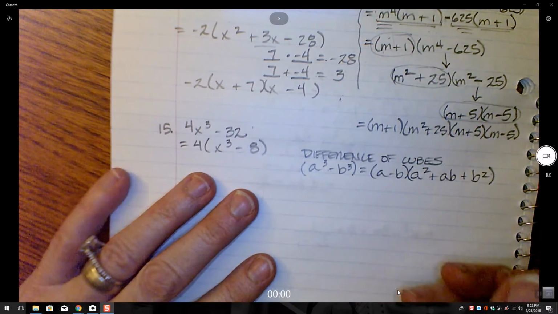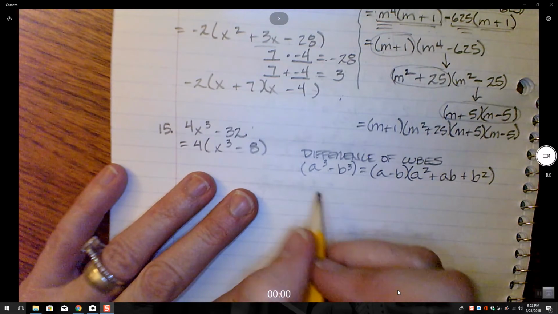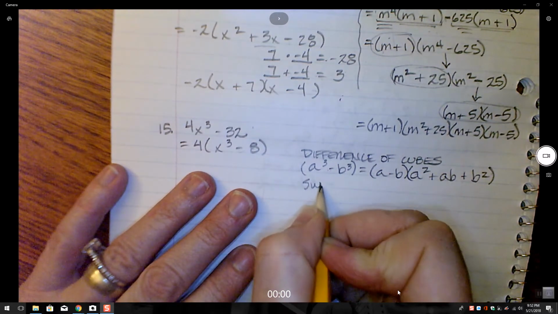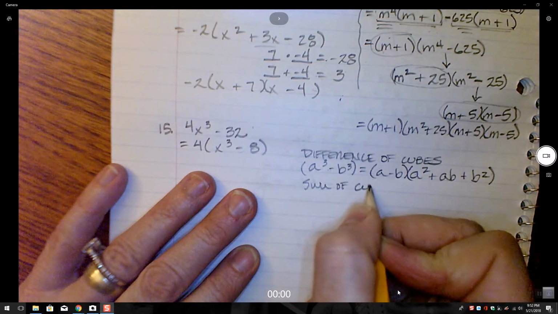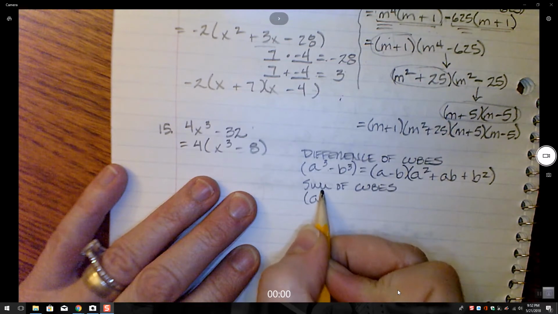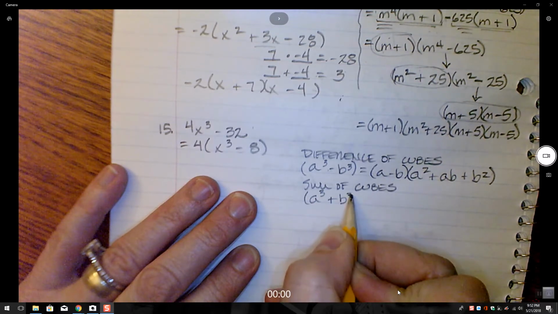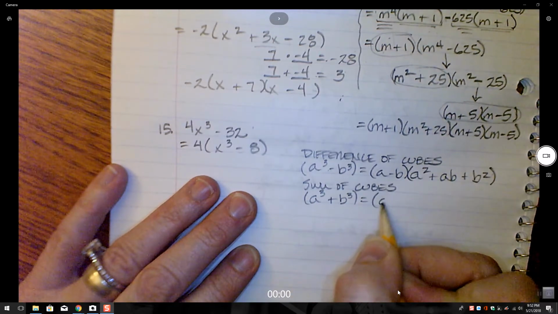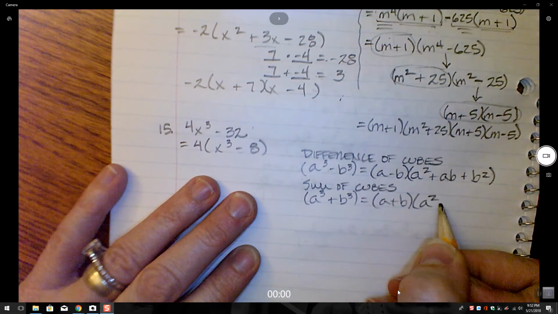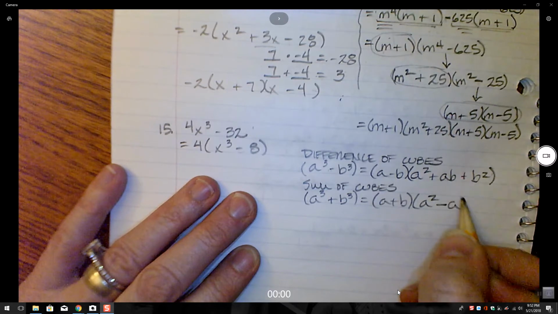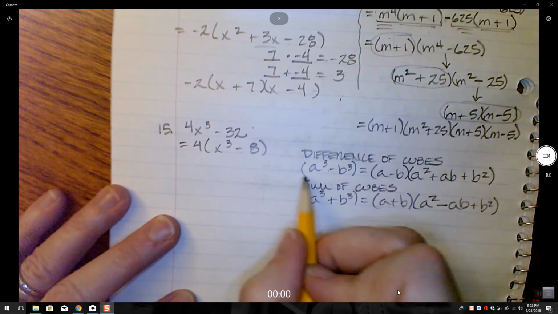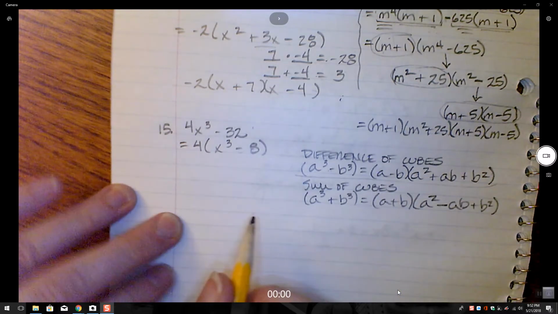And just in case you ever need to remember this, if we're doing a sum of cubes, it's similar but different, because we wind up with a cubed plus b cubed equals a plus b, a squared minus a times b plus b squared. Just an aside. But we're interested in this right now because we have a difference of cubes.